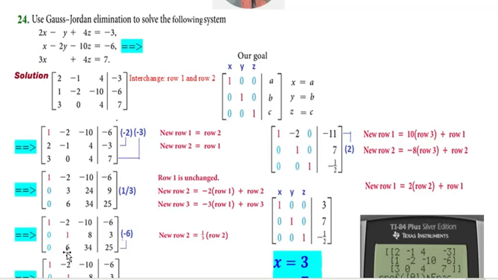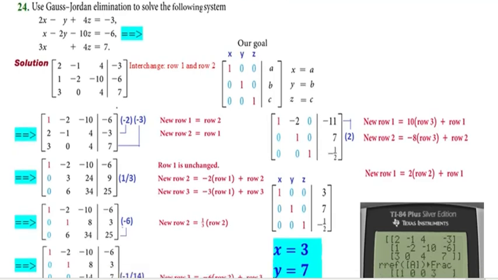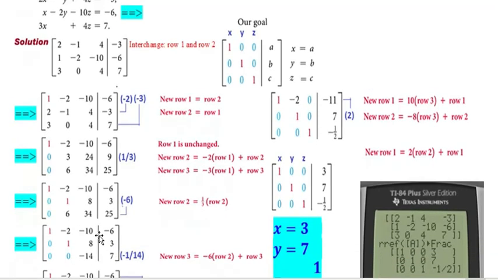So now we need to turn this to 0. To do that, keep row number 1 as it is, 1, minus 2, minus 10, minus 6. Keep row number 2 as it is, 0, 1, 8, 3. Then multiply row number 2 by minus 6 and add it to row number 3.